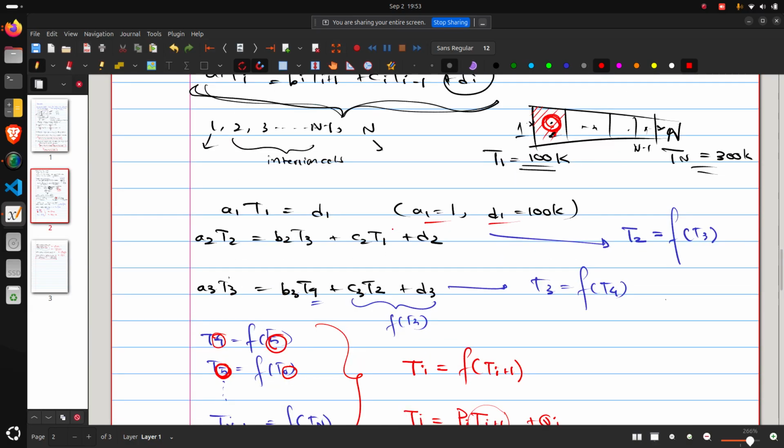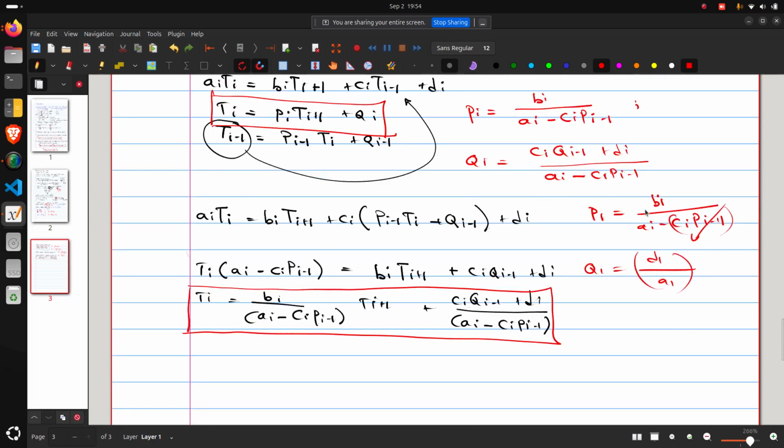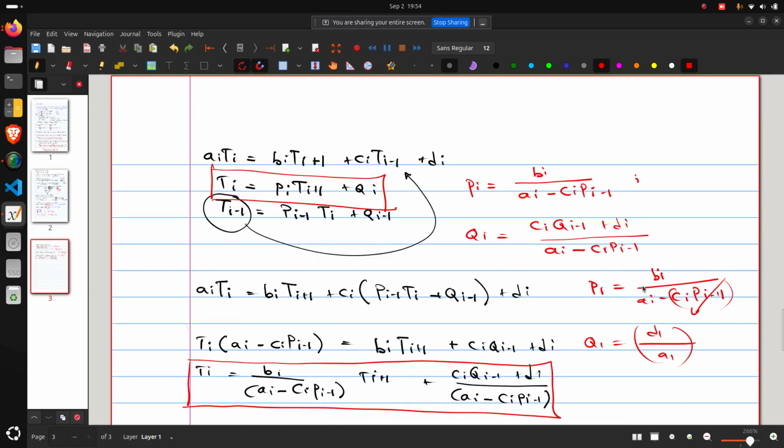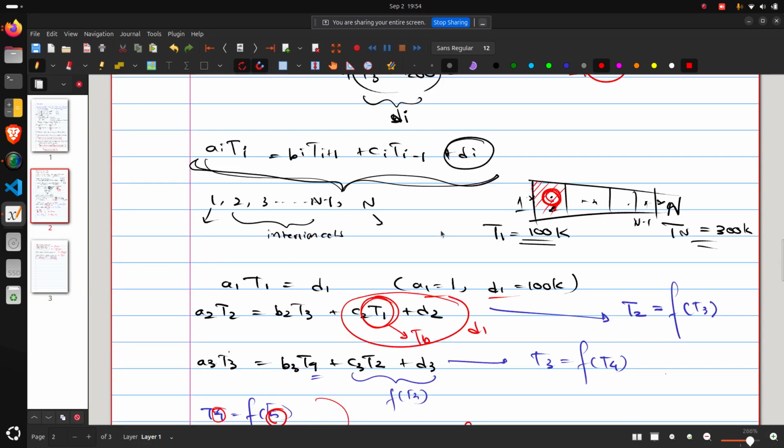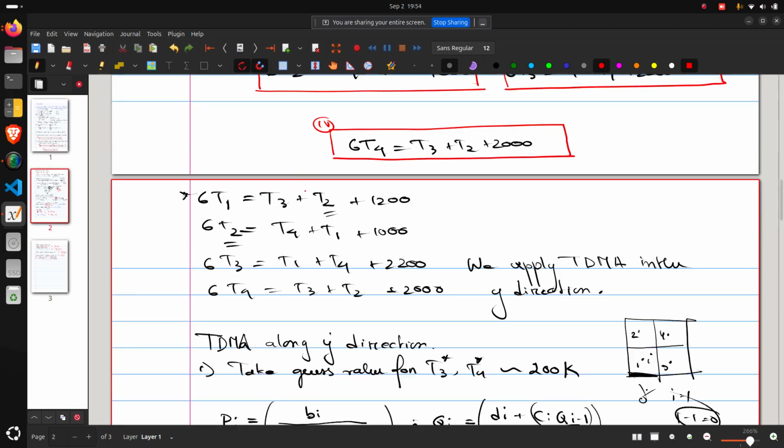And here T1 is nothing but the T boundary, right? And this whole thing is nothing but D1. Okay, so that is why P1 is B1 by A1 and Q1 is D1 by A1. Okay, so now all the derivations are done.